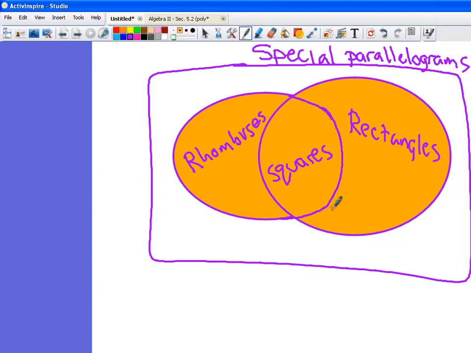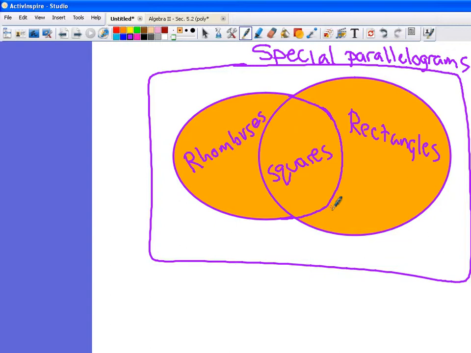Why are they supplementary? What's their relationship? Does anybody know? Riley? No, they're not vertical angles. Joe? They are consecutive, so which means what? It means they're supplementary. Good.